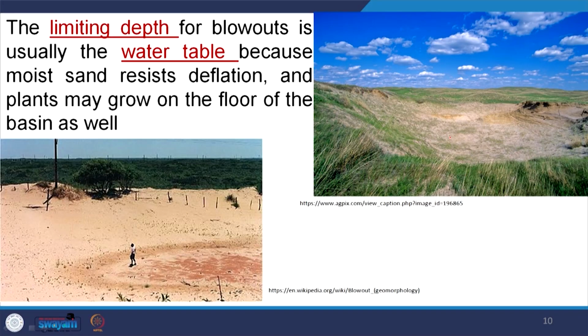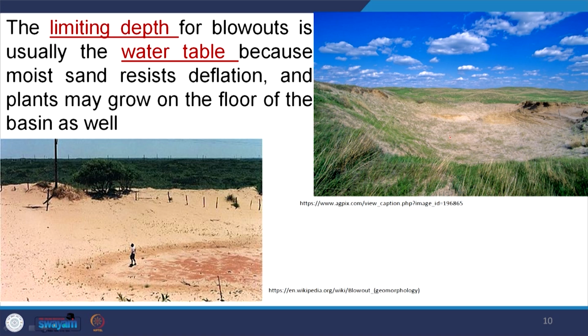The limiting depth of a blowout is usually the water table, because once the water table is there, there will be capillary action and some vadose zone. Due to the adhesive force of water with the sand, the sand will remain intact. So, either it will reach up to the water table or close to it, depending upon the conditions of the material.